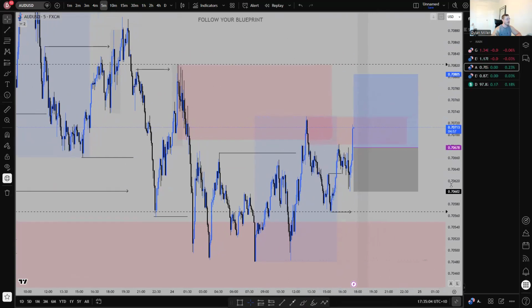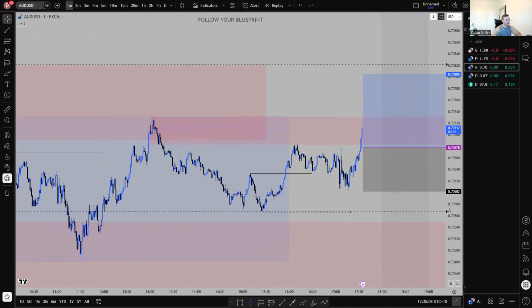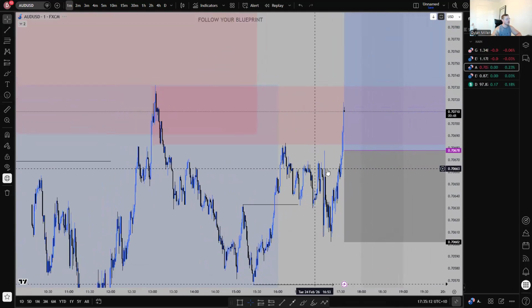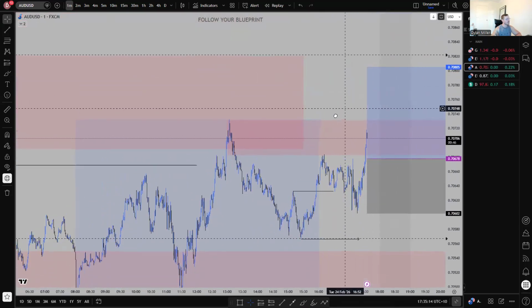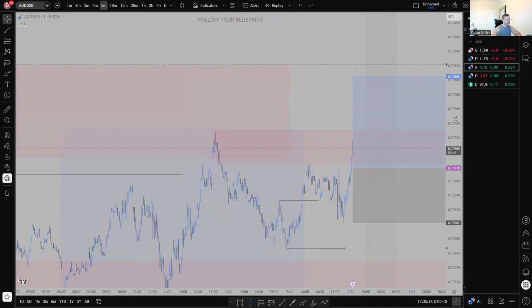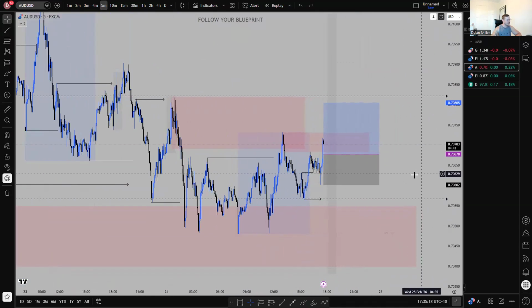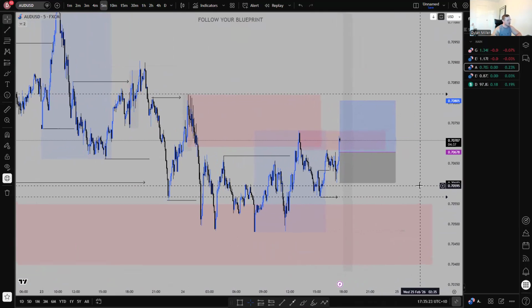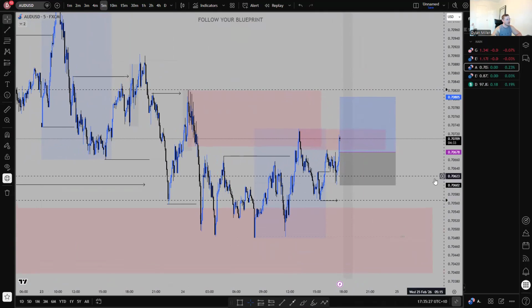Wow. I wonder if that would have got tagged. Oh, you would have too. Oh, that's cheeky. Ah, that sucks. Well, that's a valid entry. There you go. Sweet, cool. That sucks. That's frustrating.